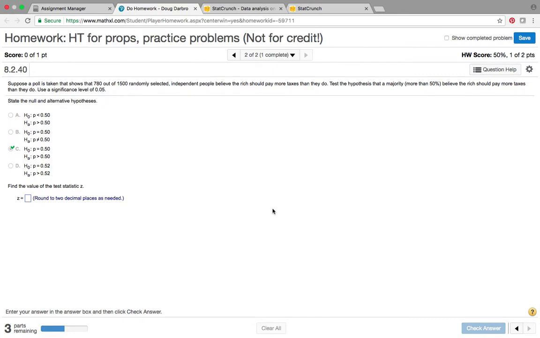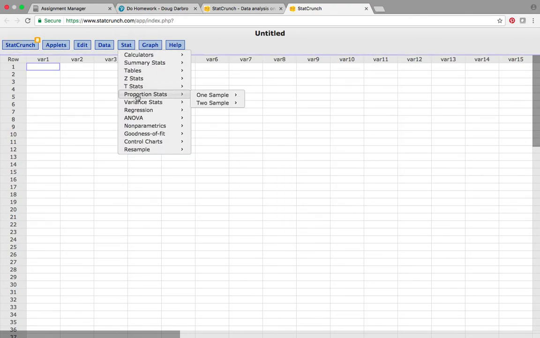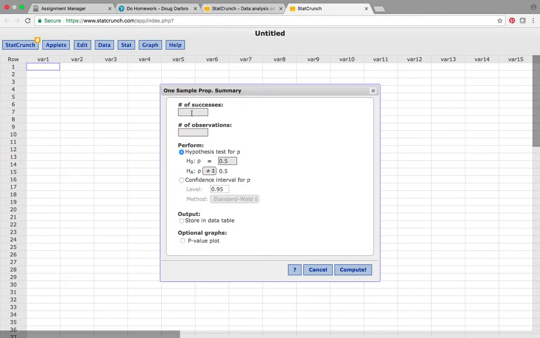Find the test statistic. Again, I'm going to write this down because I don't feel like coming back over. So we're looking at 780 out of 1500, and we're testing 0.50, and we're testing greater than. All right. Easy stuff. Proportion, one sample with summary. Number of successes was 780. Number of observations was 1500.